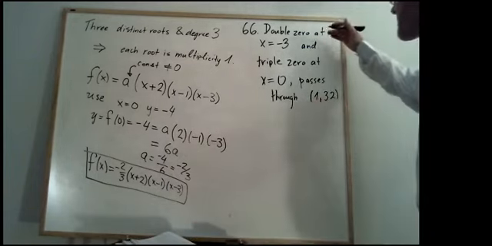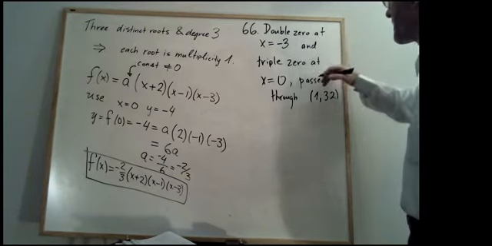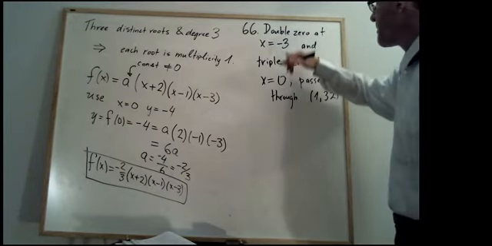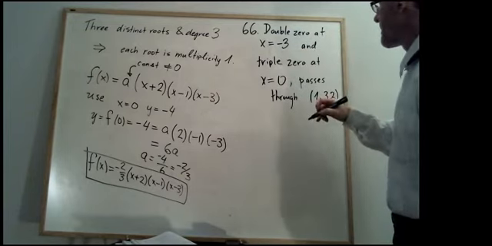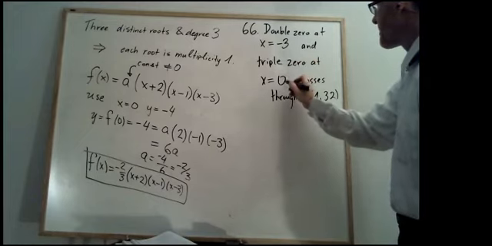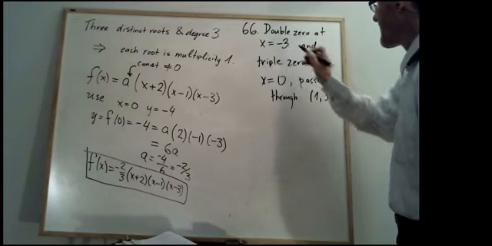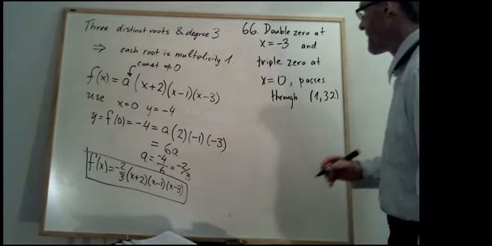Okay, so now we're told explicitly what the roots are. We have a root at 0, we have a root at -3. And here we have a triple zero at this root and a double zero at that point.